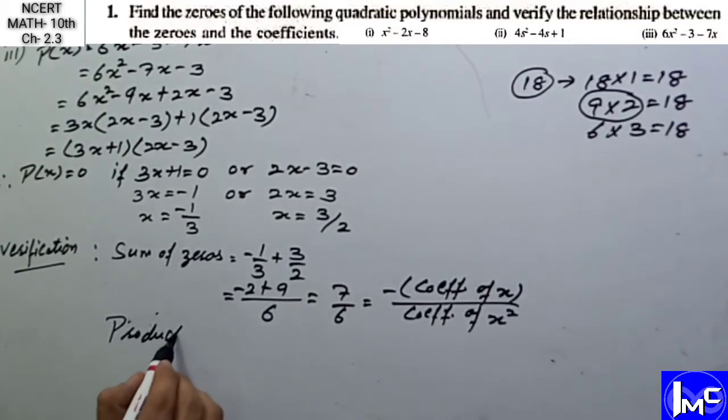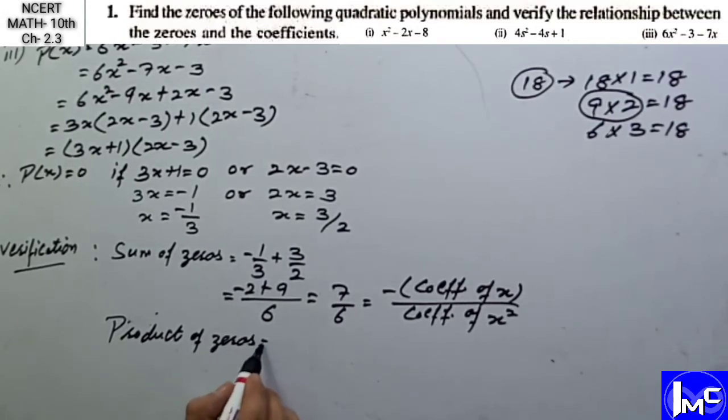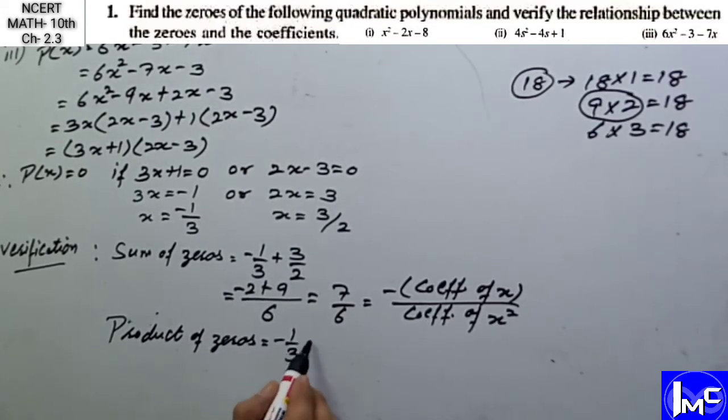And product of zeros, minus 1 by 3 times 3 by 2, and the 3s will cancel. Minus 1 by 2 is here, and what is minus 1 by 2?